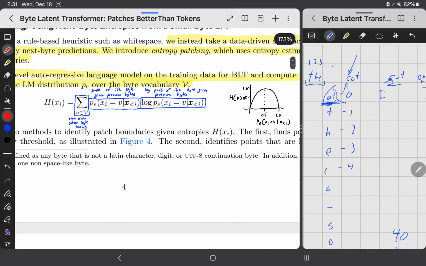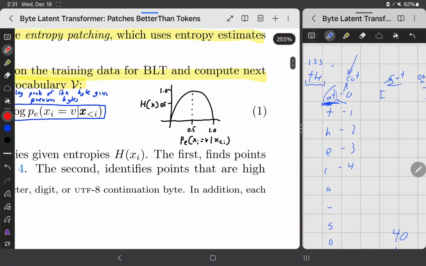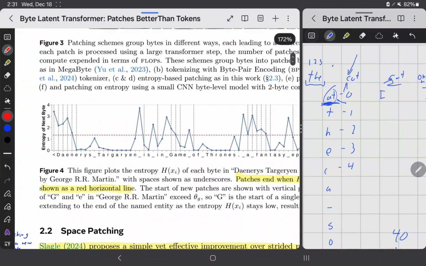Real quick, we look at the entropy over the entire vocabulary, where the entropy looks like this. If we have a probability of 0 or a probability of 1, that's low entropy because the model is 100% certain. Like, I'm 100% certain the next token is not the letter W, or I'm 100% certain the next letter is A. If it has 50% uncertainty for some token or byte, then there's high entropy because it's highly uncertain.